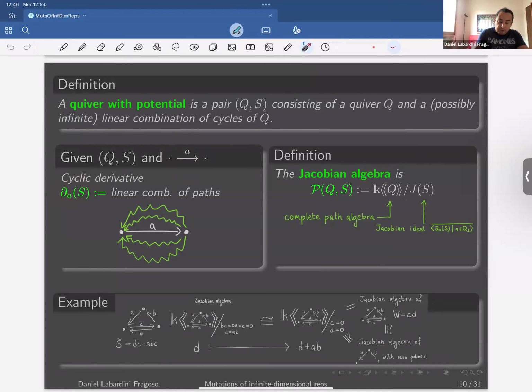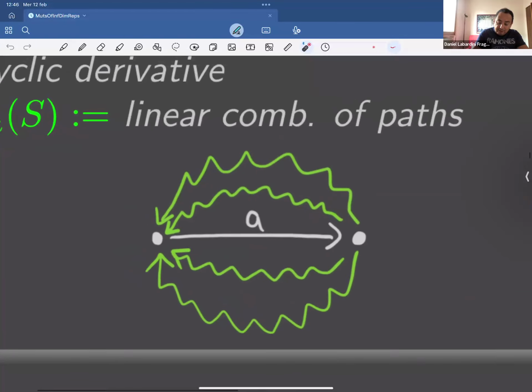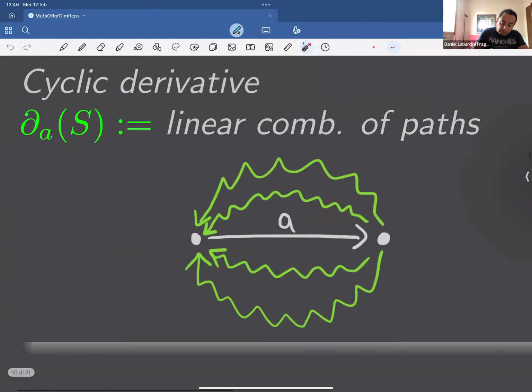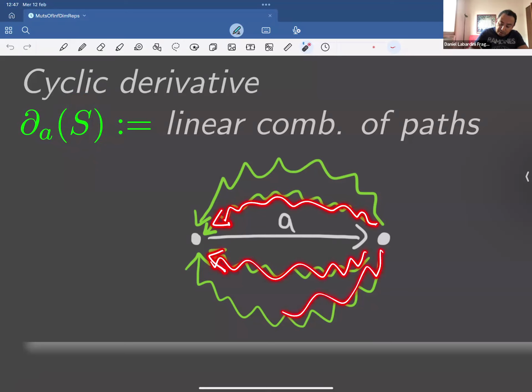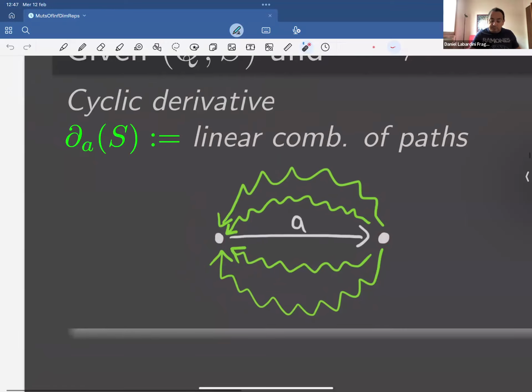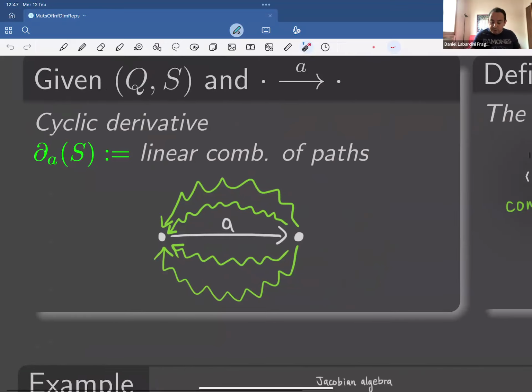I'm not going to give the precise definition, but very roughly, the cyclic derivative with respect to A is a linear combination, possibly infinite, of paths that go in the opposite direction, so paths that go from the head of A to the tail of A. There is a precise definition that I'm not writing down.